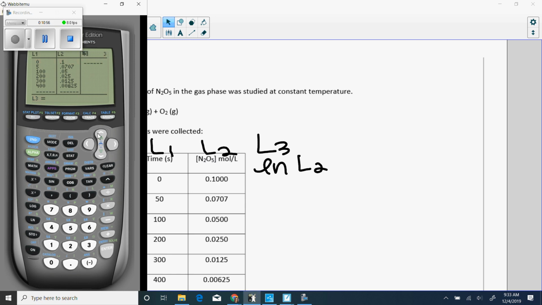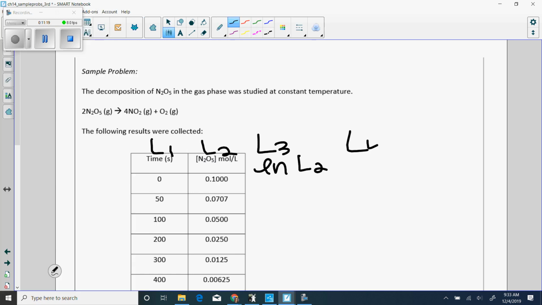Highlight the L3, hit natural log, then second 2 is list 2, close parentheses, enter. Check in with your battle buddy. Do you got these numbers? Check your battle buddies.